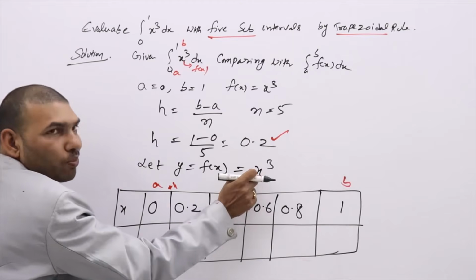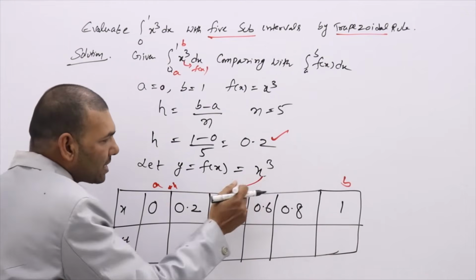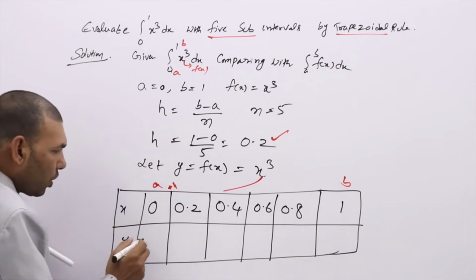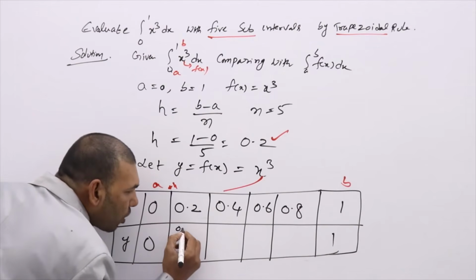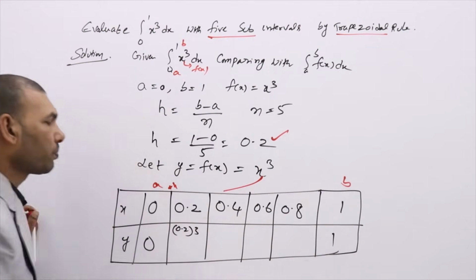Now you need to evaluate these values. y is x cube. That means 0 cube is 0, 1 cube is 1. This is 0.2 whole cube.